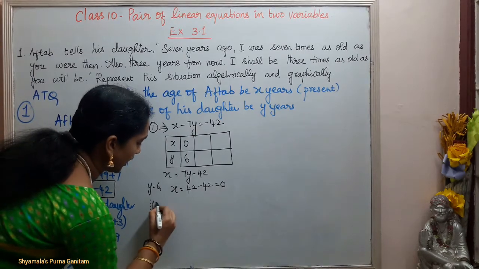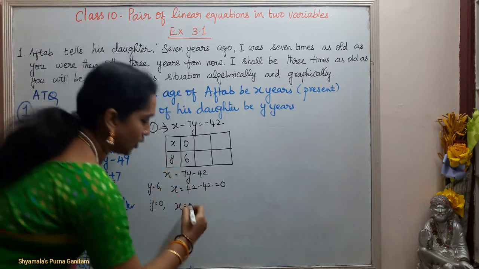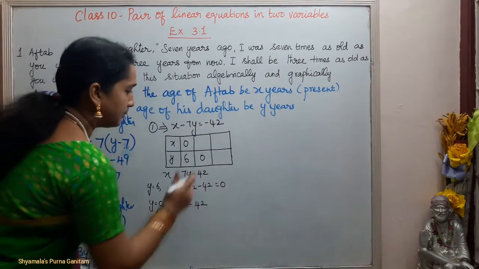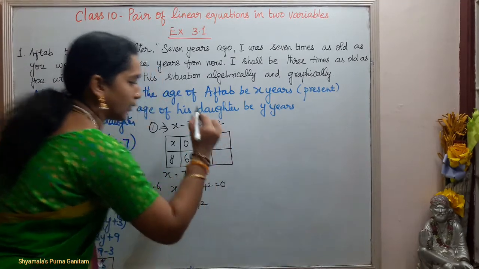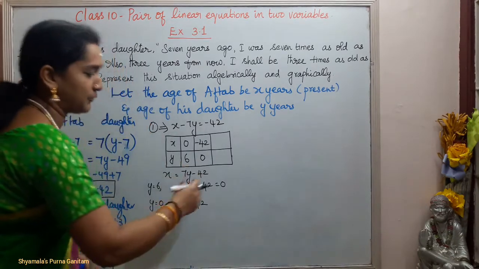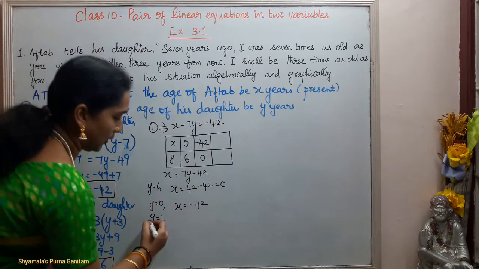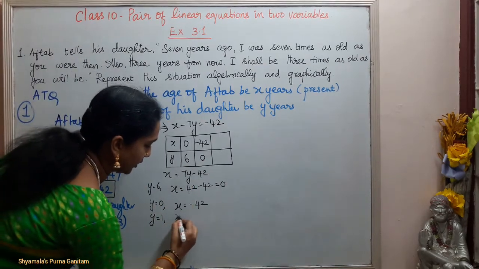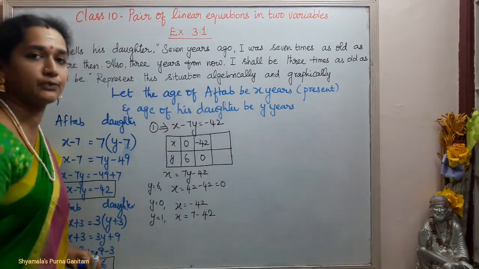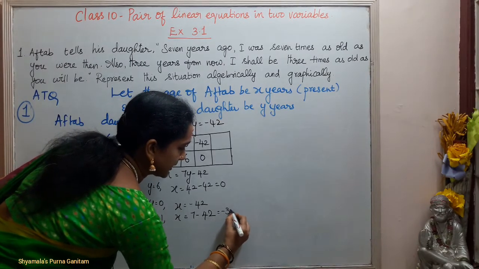Then if I take y as 0, x is equal to 7 into 0 is 0 minus 42, so x is minus 42. Then if I take another value, suppose y is equal to 1, x is equal to 7 minus 42, which is minus 35.